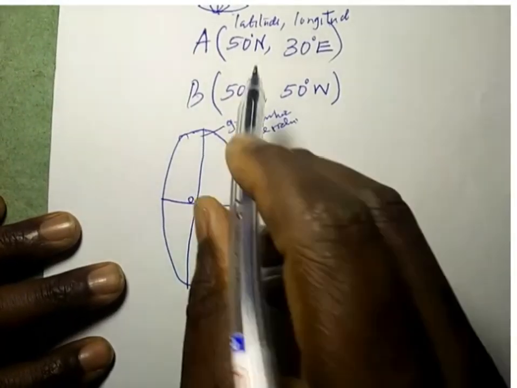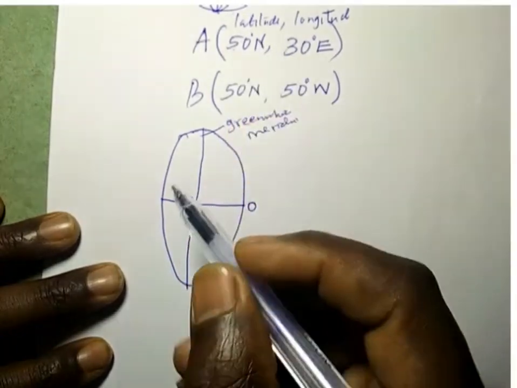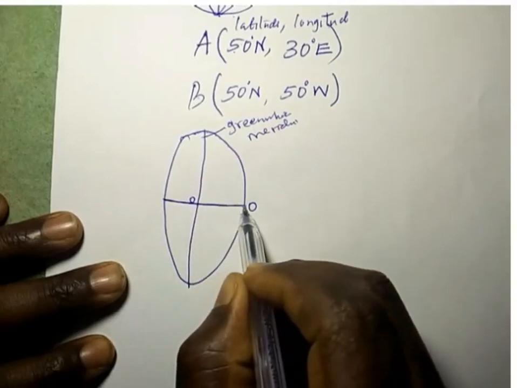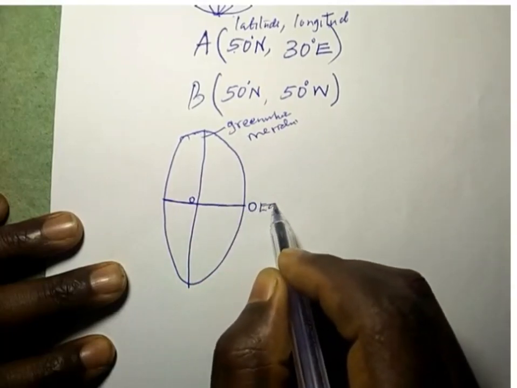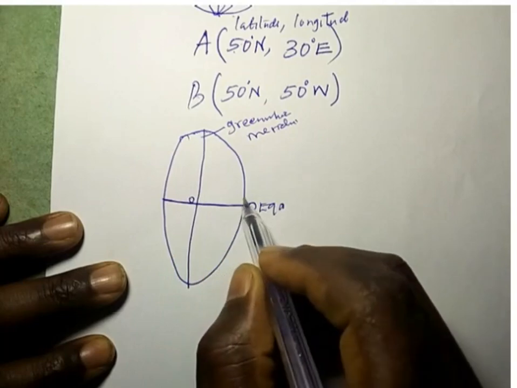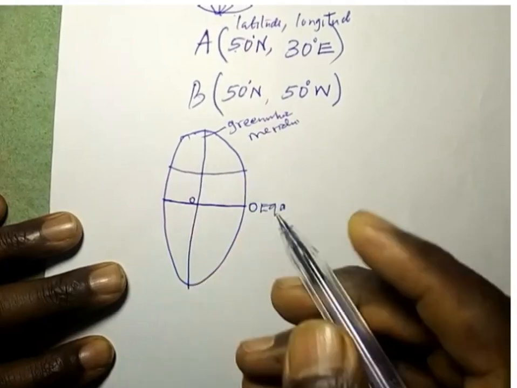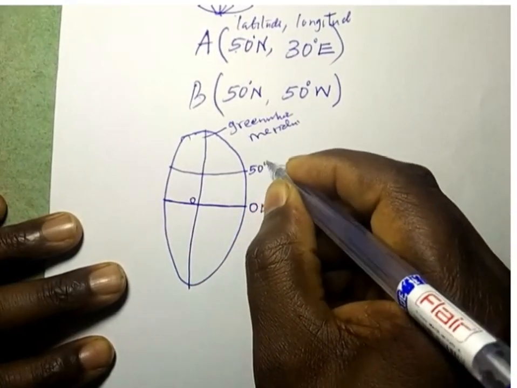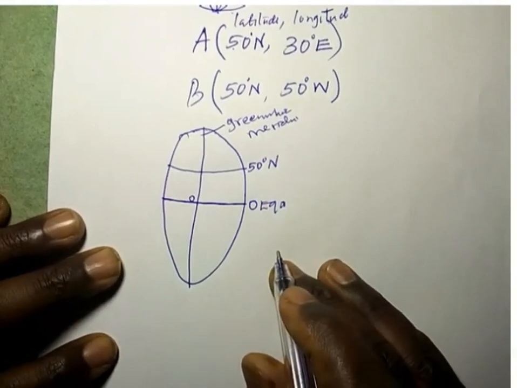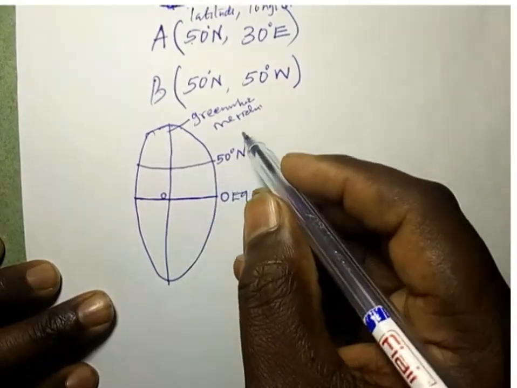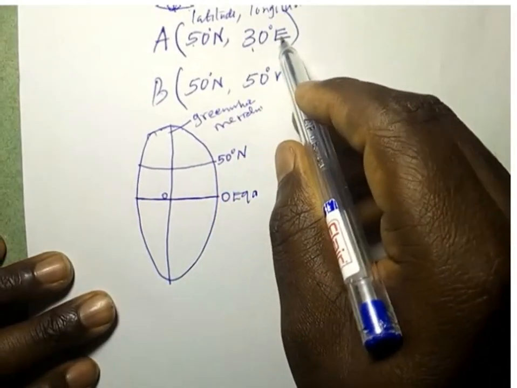After that, we have 50 north. 50 north is a latitude, so we start here. This is the equator, which is 0. So this is 10, 20, 30, and 50 will be somewhere here. So this one is 50 degrees north, and then 30 degrees east.